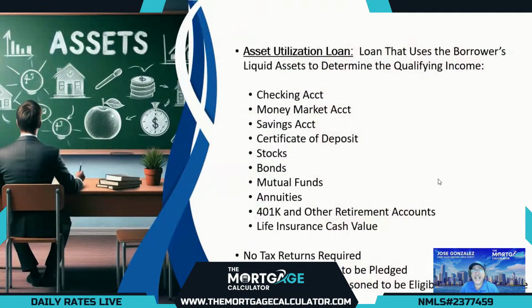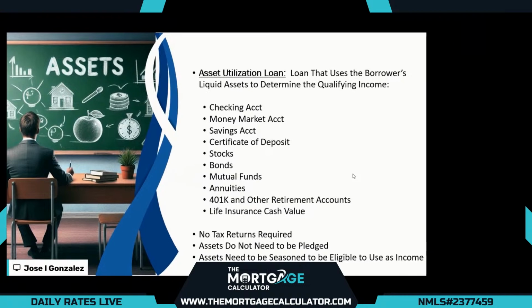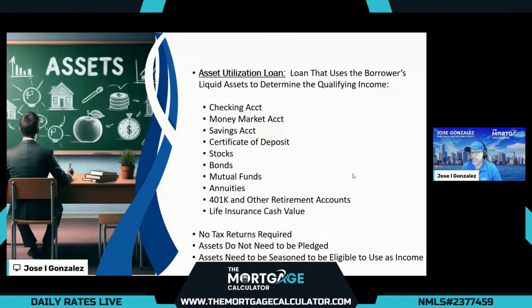So what exactly do we mean by an asset utilization loan? That is a loan that uses the borrower's liquid, and I stress liquid, assets to determine the qualifying income. There are many asset types that fall under the ones that we can use for income.